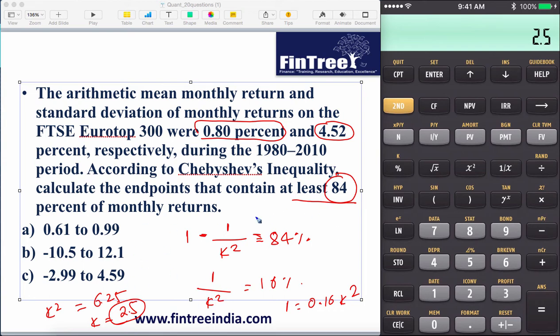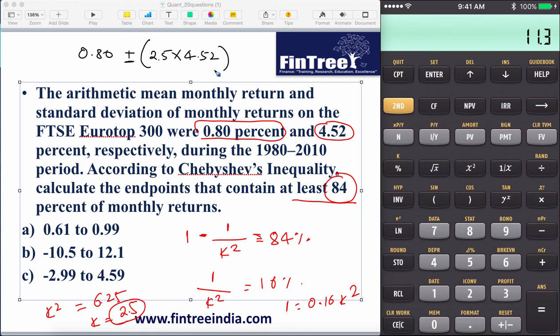Now once we have this k, then the question is more or less done. So we will say 0.80 plus minus, so k that we found out is 2.5 and standard deviation that we have is 4.52. Okay, so let's do this on the calculator now. 2.5 into 4.52, so that's 11.3.